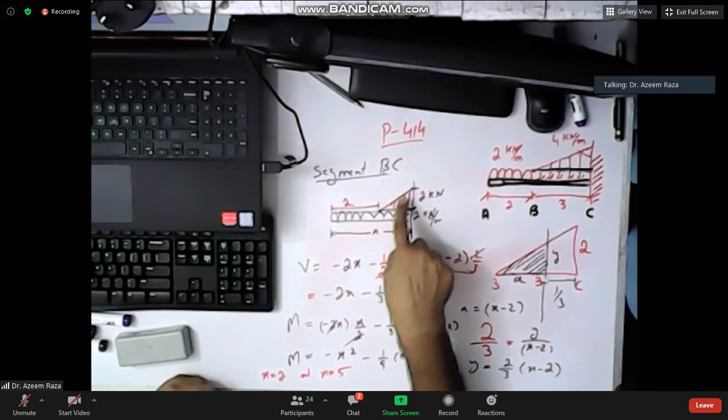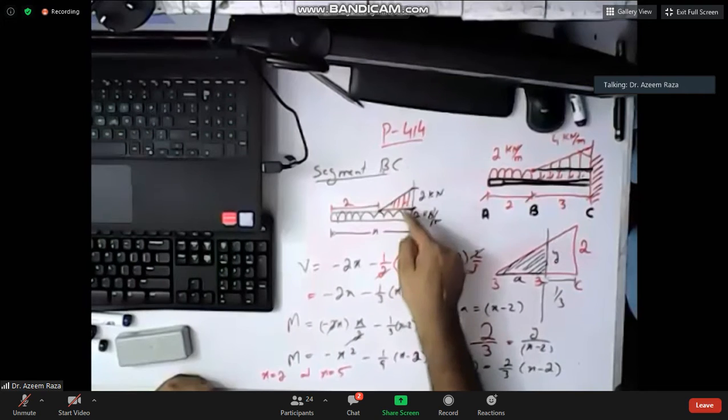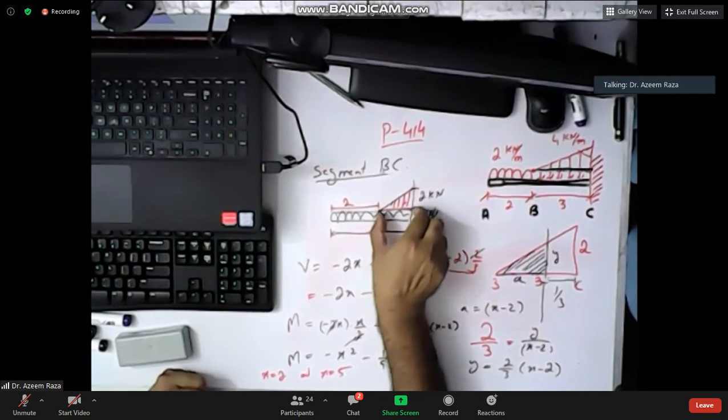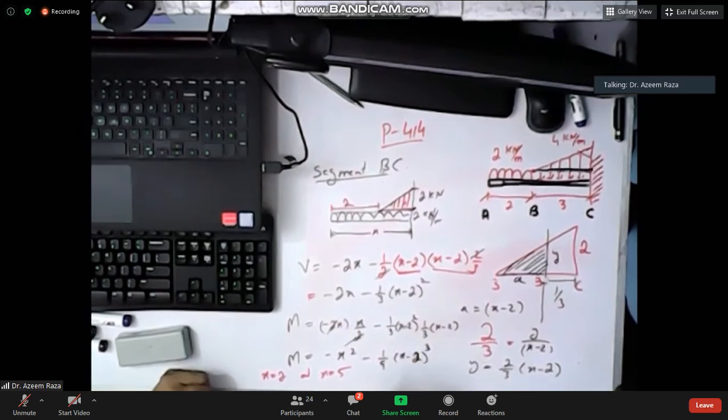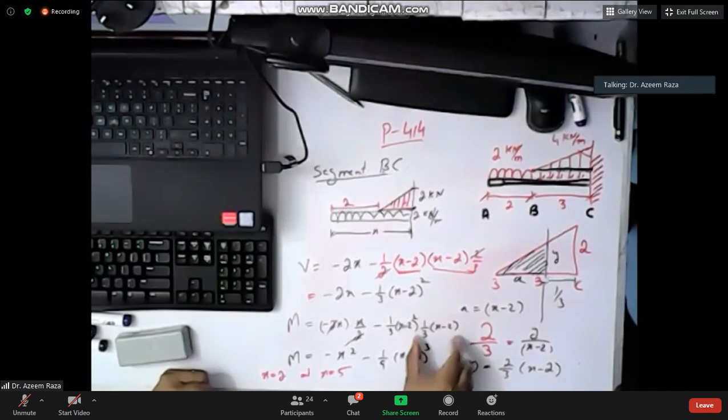Then this force we know acts at 1/3 of the distance from the larger side. So we just have to take 1/3 of this distance. This distance is x minus 2, so 1/3 of (x minus 2) was the distance, and this was the force. So force multiplied by 1/3 of the distance, we ended up with this.